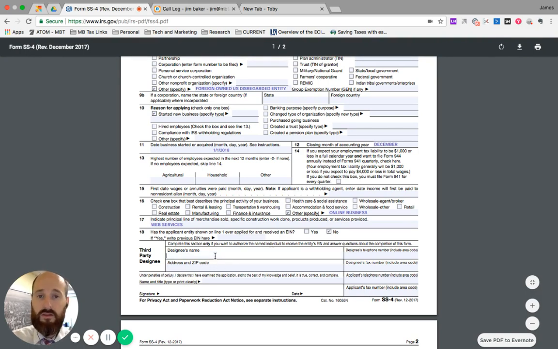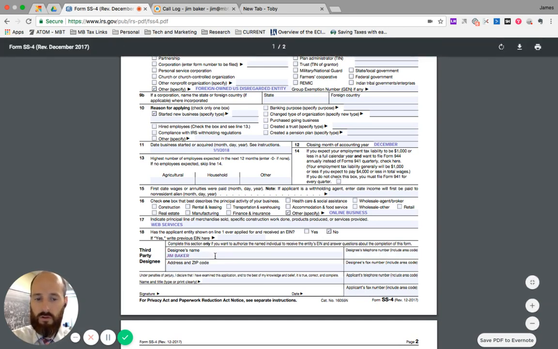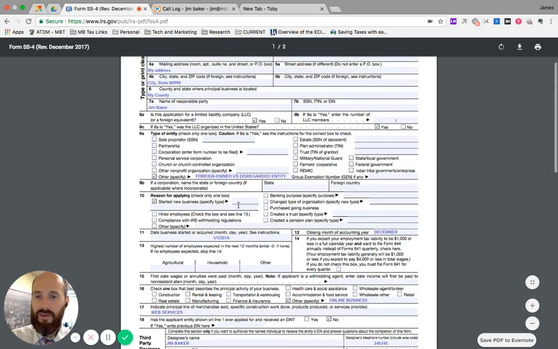The designee is if you have an accountant like me doing it. That's weird, I'm doing this for myself. So Jim Baker. And you put the phone number, the address, fax number, then your information. This is Jim Baker, the responsible party.